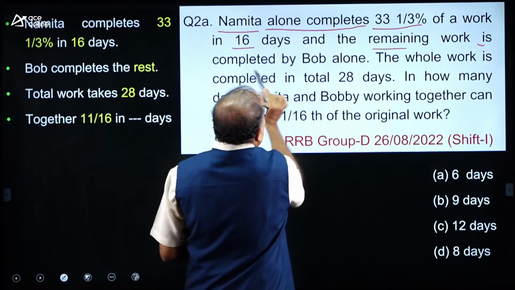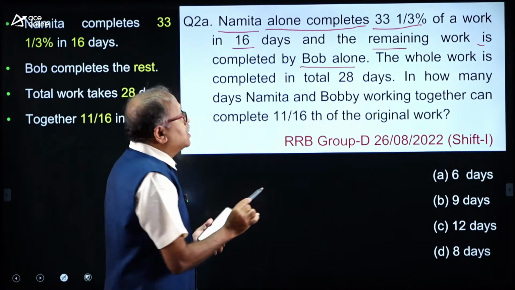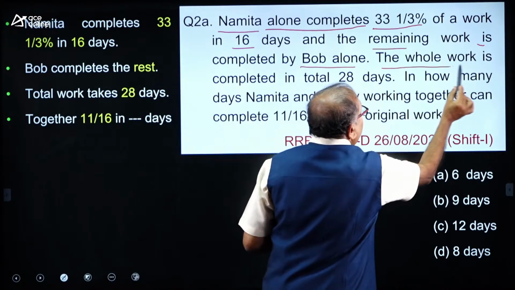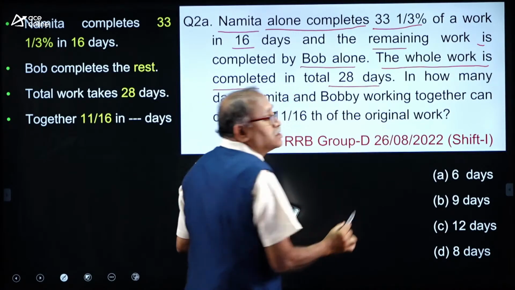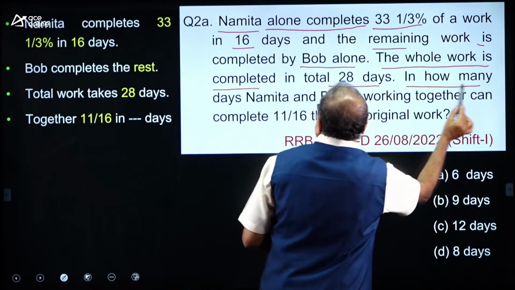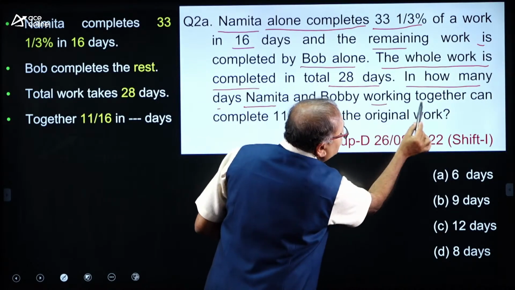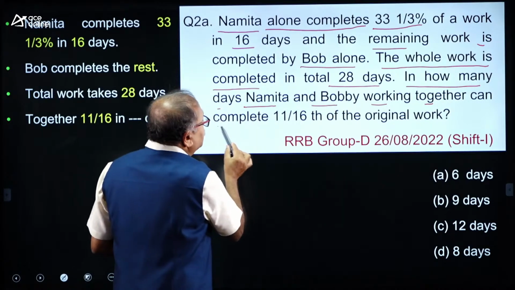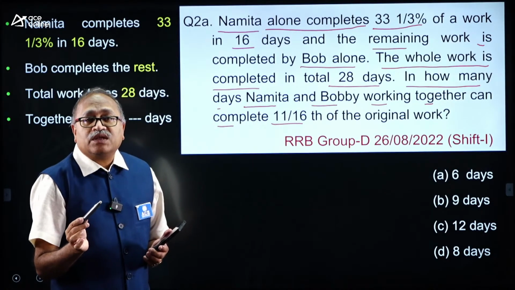The remaining work is completed by B alone, and the whole work is completed in 28 days. In how many days can Namita and Babita working together complete 11/16th of the original work?